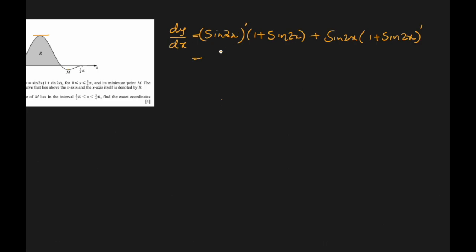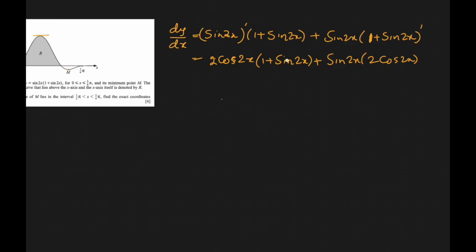The differentiation of sin 2x will be cos 2x multiplied by the differentiation of the angle. Differentiation of 2x is 2, so I'll put 2 here. Differentiation of 1 will be 0. The differentiation of sin 2x is again 2 cos 2x.